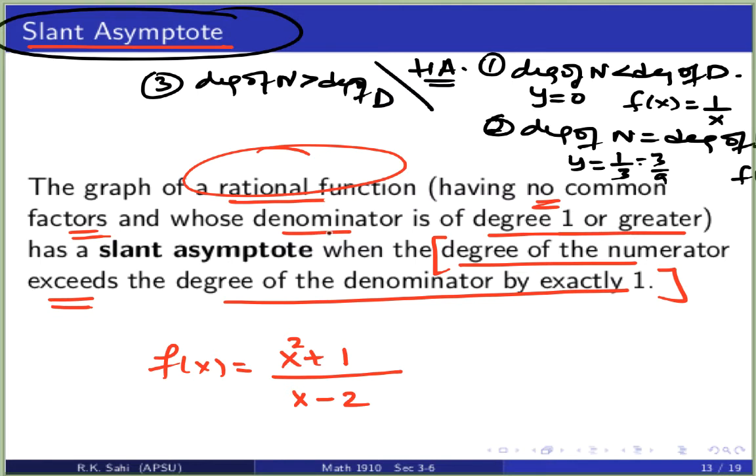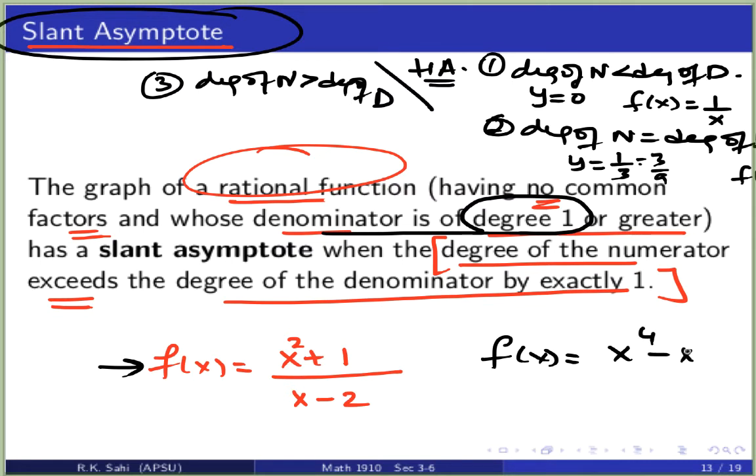And the degree of the denominator has to be 1 or greater. You cannot have a constant, in other words, because degree 1 means a variable has to be present. So that's a classic example that will give us a slant asymptote. Or we can also have f(x) equals x to the 4 minus x cubed over x cubed plus 2.